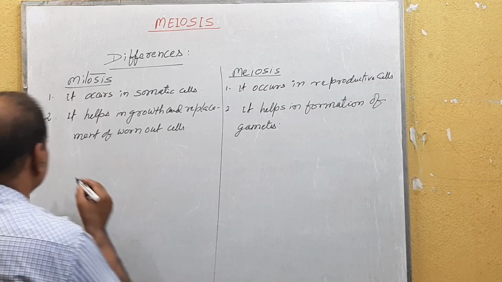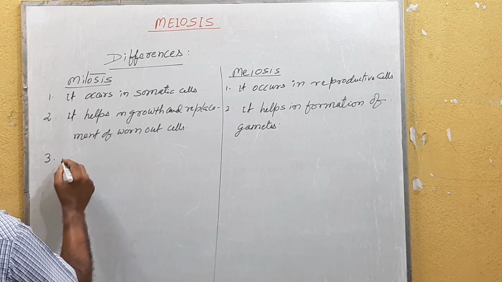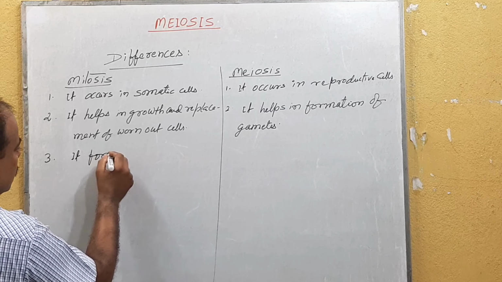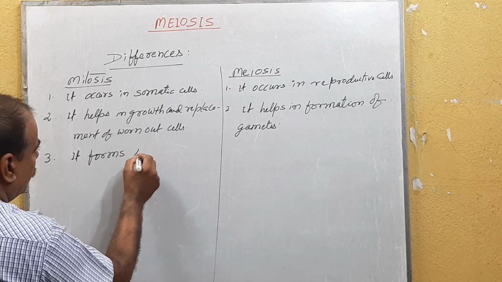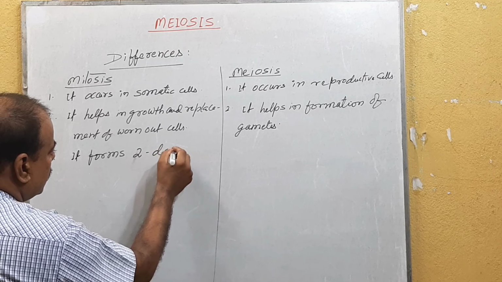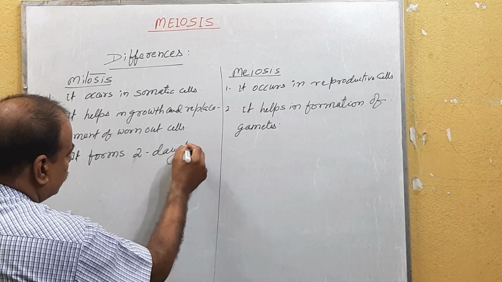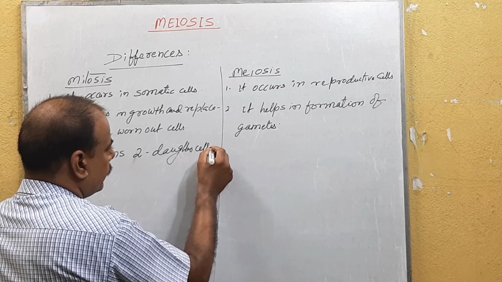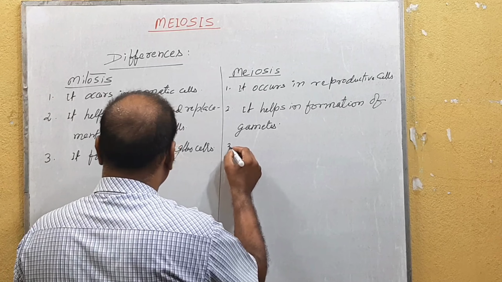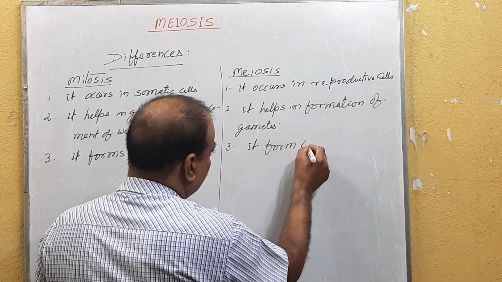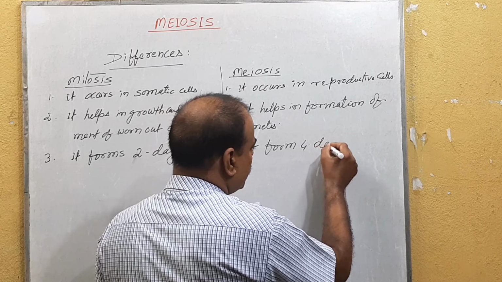Number three, mitosis forms two daughter cells, whereas meiosis forms 4 daughter cells.